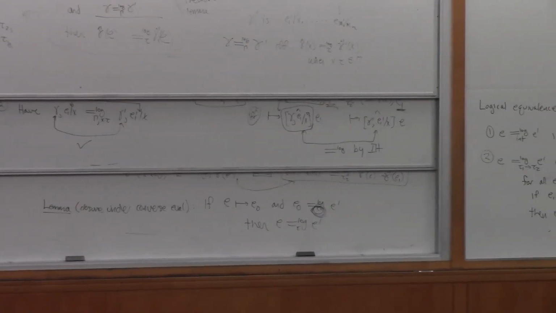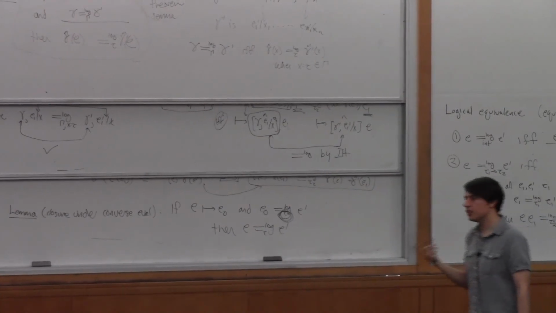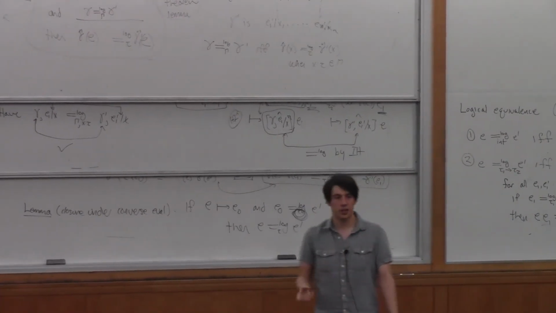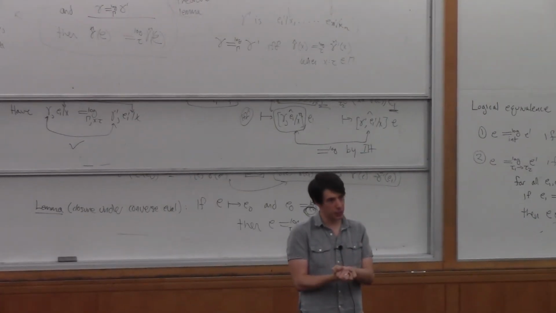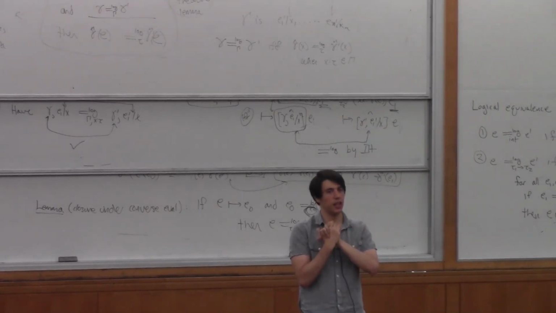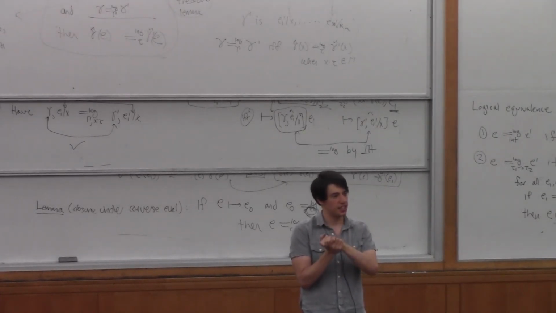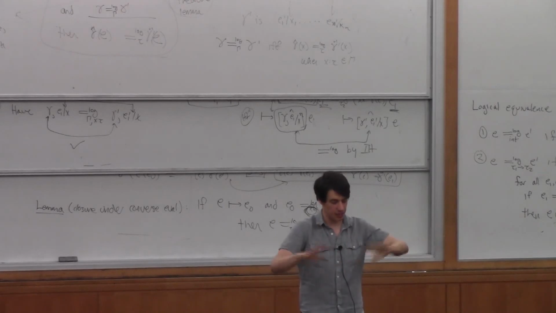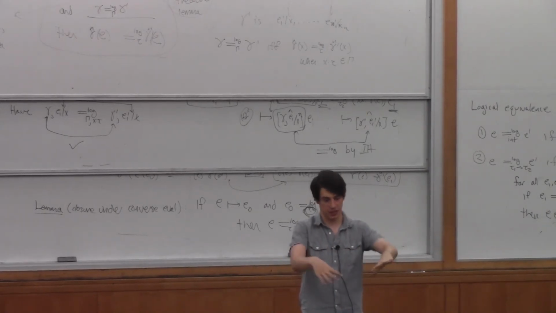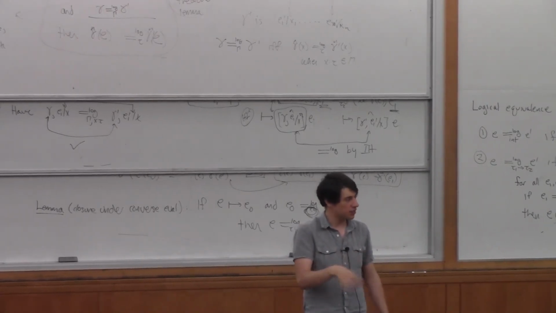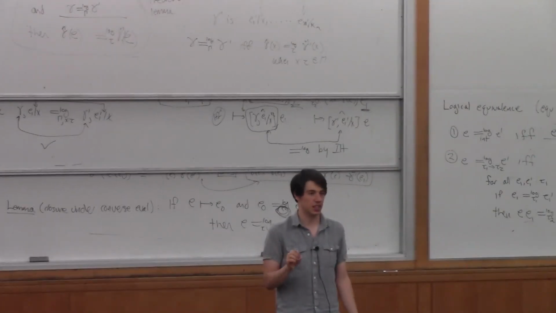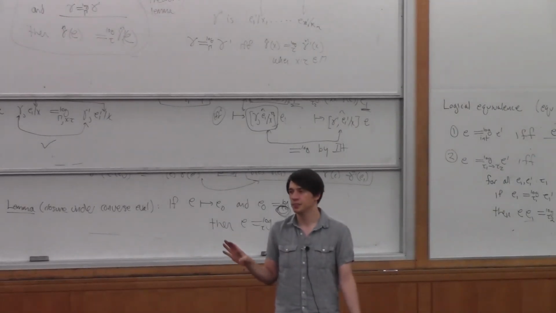And so we're going to play this same game tomorrow, but for a much fancier language, in order to characterize observational equivalence for things with polymorphism. OK, so in the hands-on session, you should really start to look at some of this. I'll do a handout that has some good first exercises to do. But trying to get your head around some of this logical relation stuff before tomorrow would be very helpful. OK, thank you.